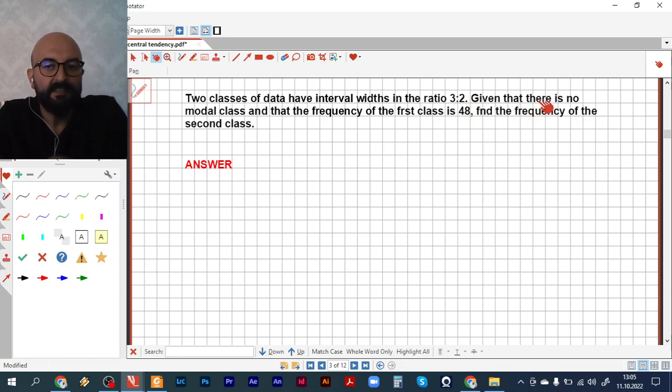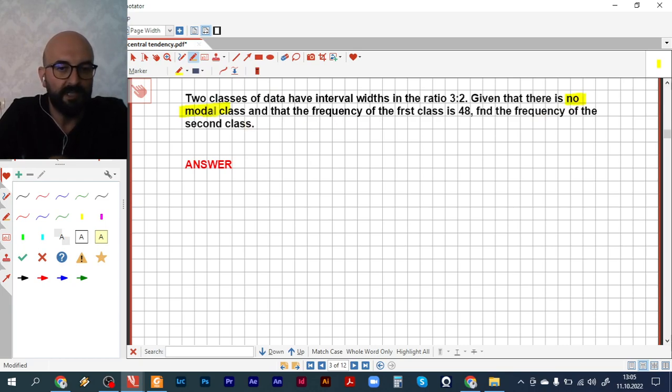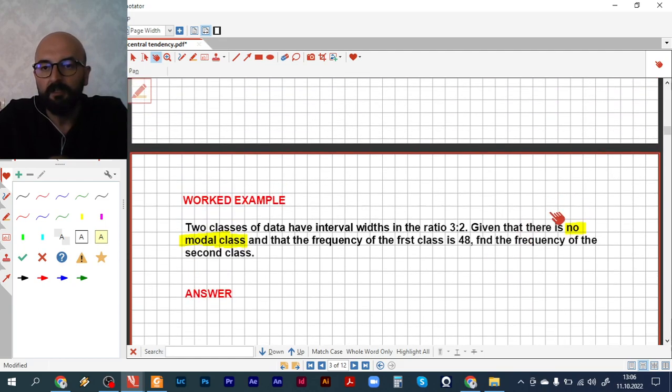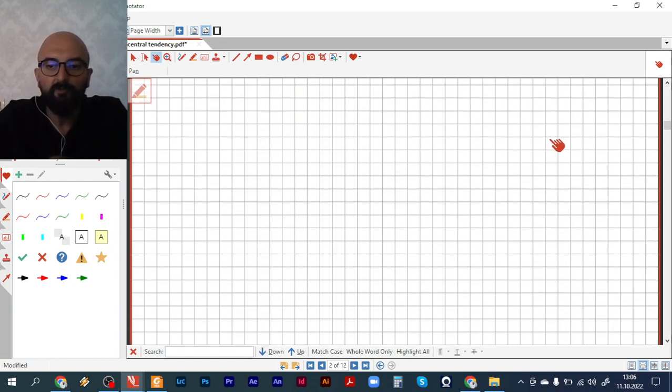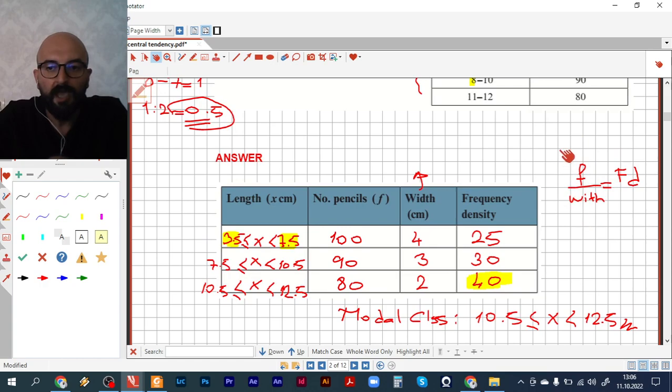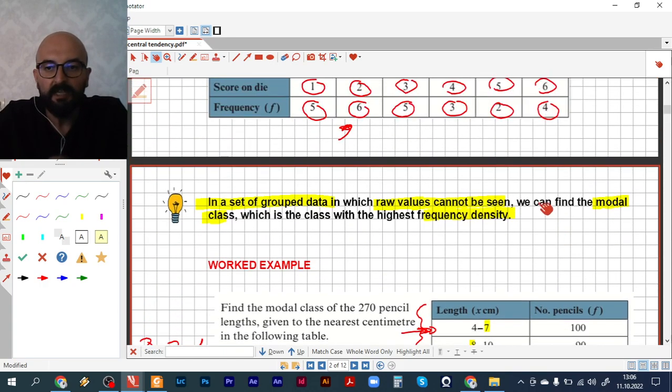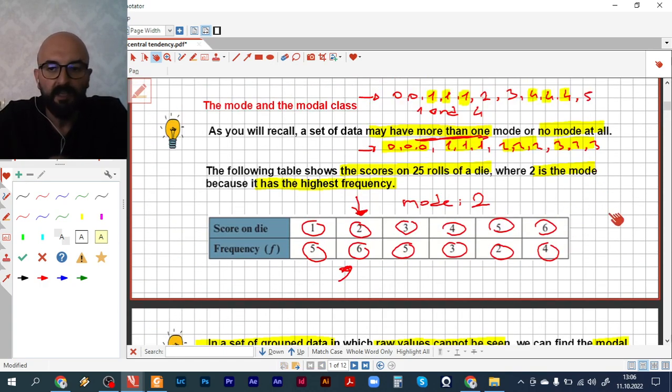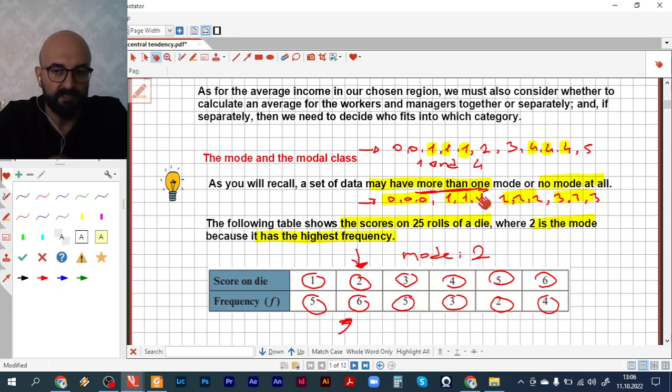Given that there is no modal class, please pay attention that we have no modal class in the question. And please remember how we have a situation where we don't have a modal class.